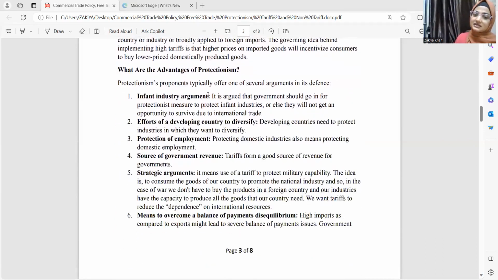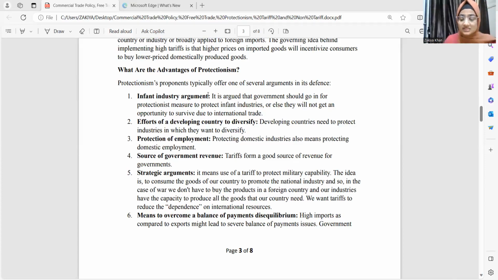Let us see the advantages. A direct advantage will be on the homegrown industries. You are allowing them to grow. Your balance of payments is getting better because you're discouraging imports and encouraging exports. You are allowing your homegrown industry to have a stand, to diversify.